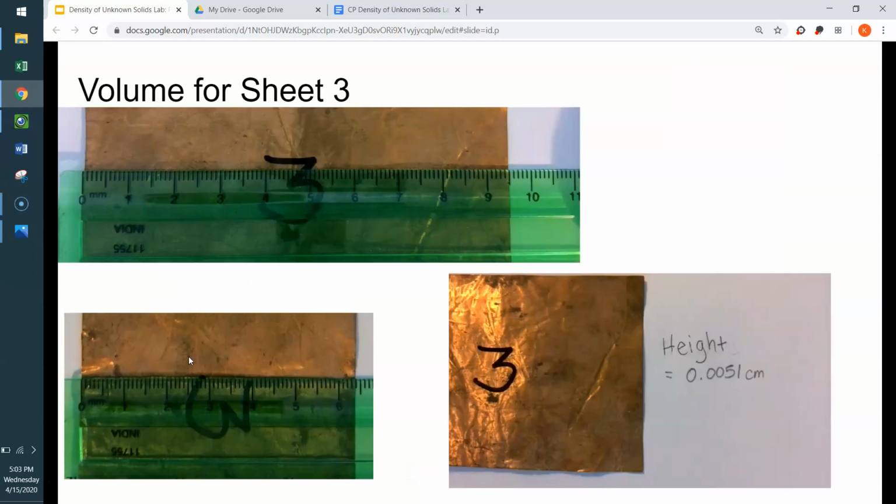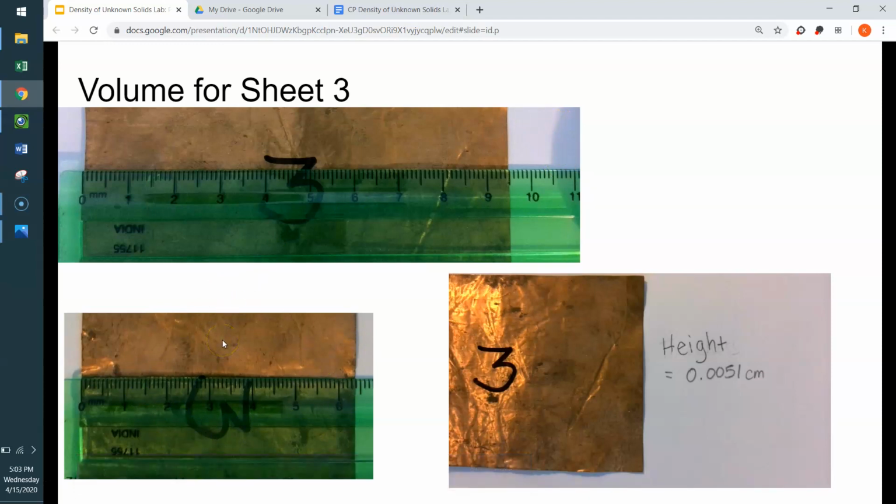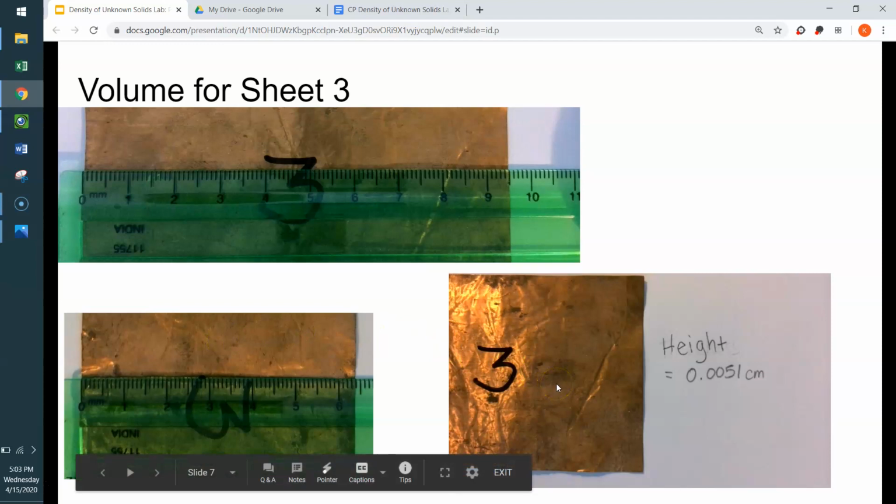Moving on to sheet number 3, again, this number up here would be our length. So what is this recording? And then, of course, our width in this picture down here. And again, because the height, it's such a thin paper-like sheet, I am telling you right here that the height is 0.0051 centimeters.